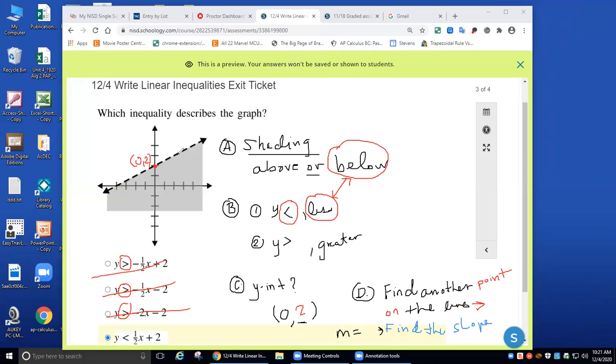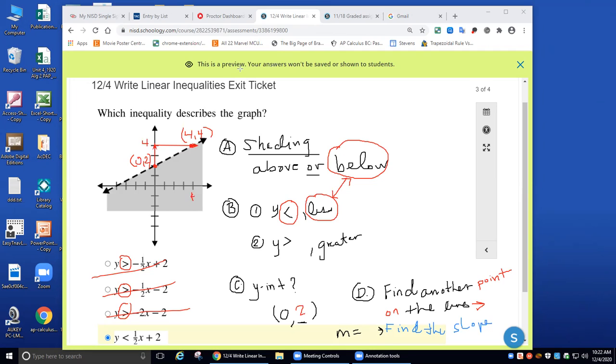So if I look at this, it looks like there's another point perfectly like right here, where it's at 4, 4. Right? Over to the right 4, then up 4. So I have to move up 2 units and then move to the right 4 units.